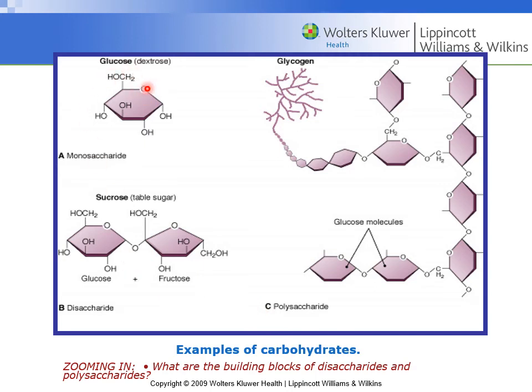Up here we see glucose, an example is dextrose, right? It's a monosaccharide because it has one unit making it up. When we look at sucrose, which is table sugar, it's a disaccharide because it consists of 2 components. Then you have the polysaccharides, poly meaning many, consisting of many repeating units, and one such example is glycogen.